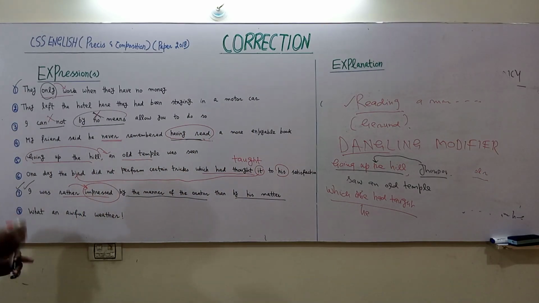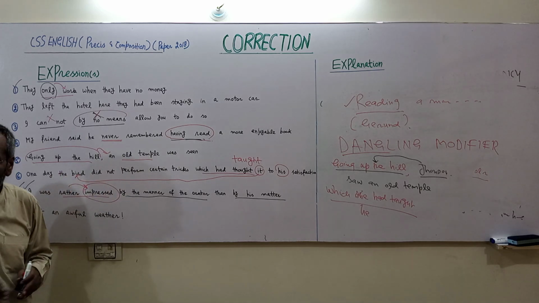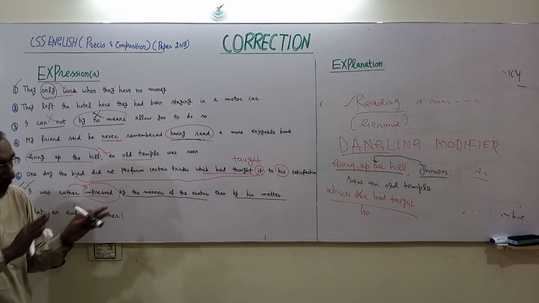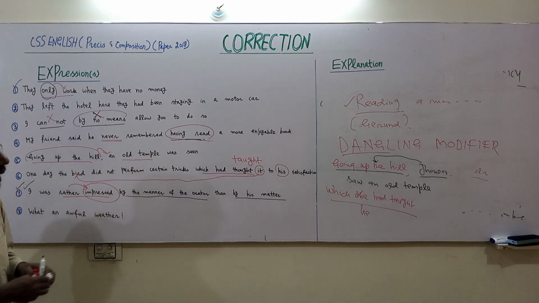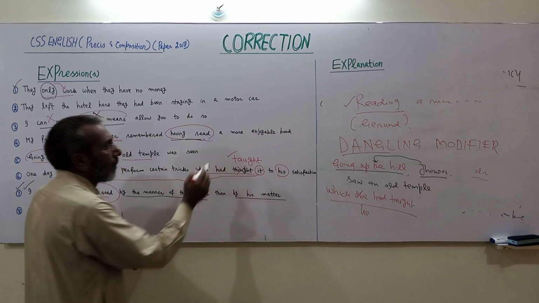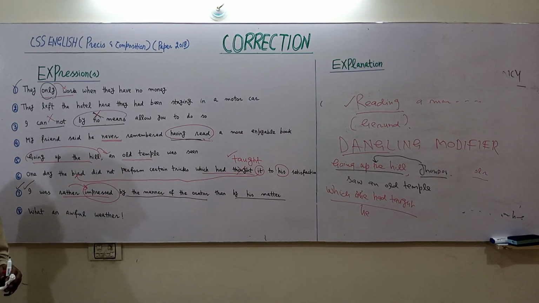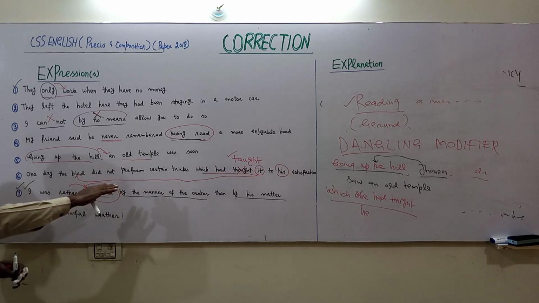One day the bird did not perform certain tricks which he had taught it, that bird, to his satisfaction. The expression is a bit difficult, but it's not that difficult. I don't think it is taught; actually, it should have been taught. Sometimes, when they print something, this sort of mistake happens. Clear? And we have already talked about this thing.